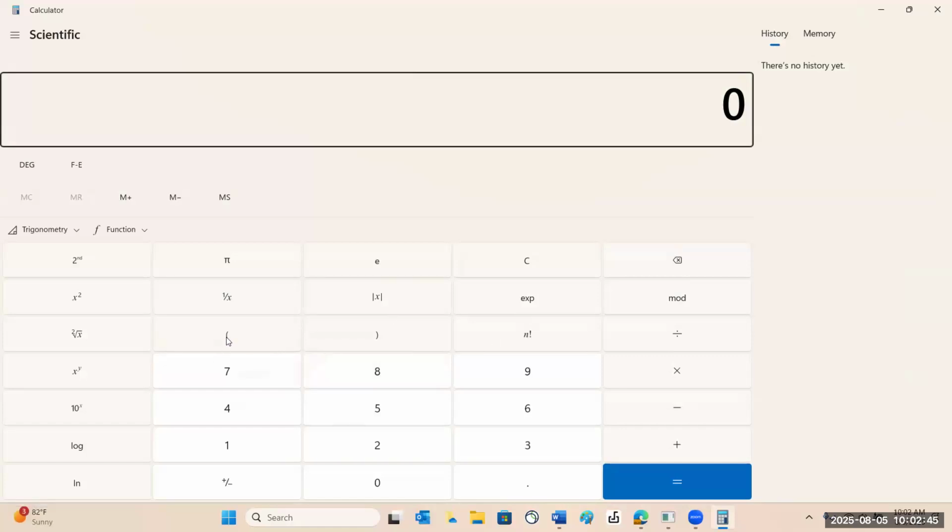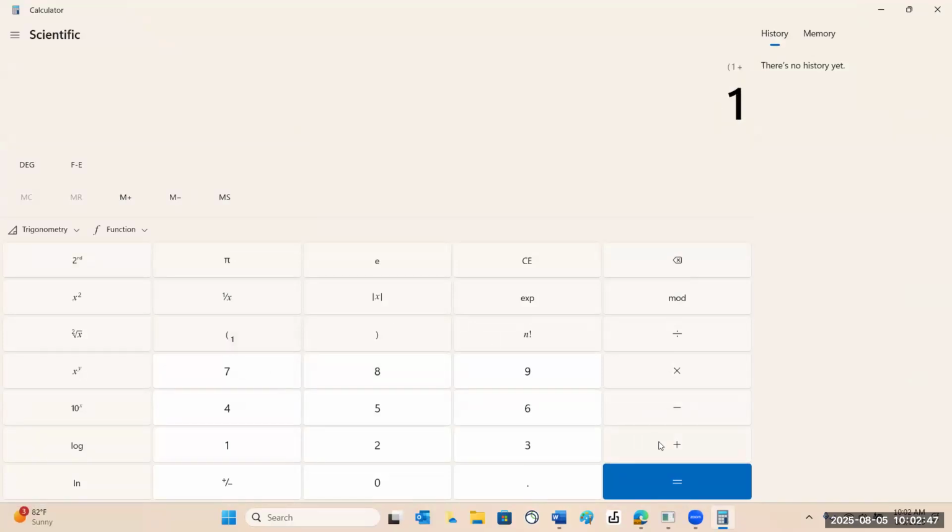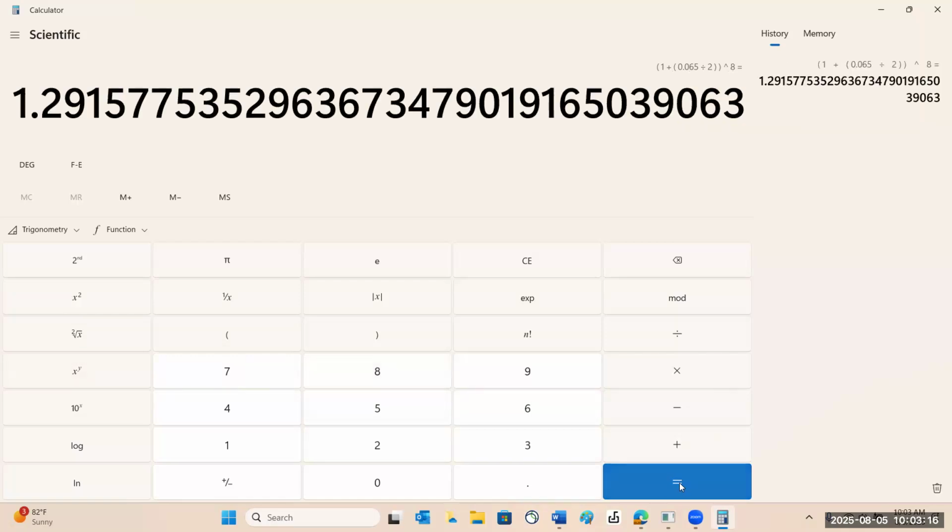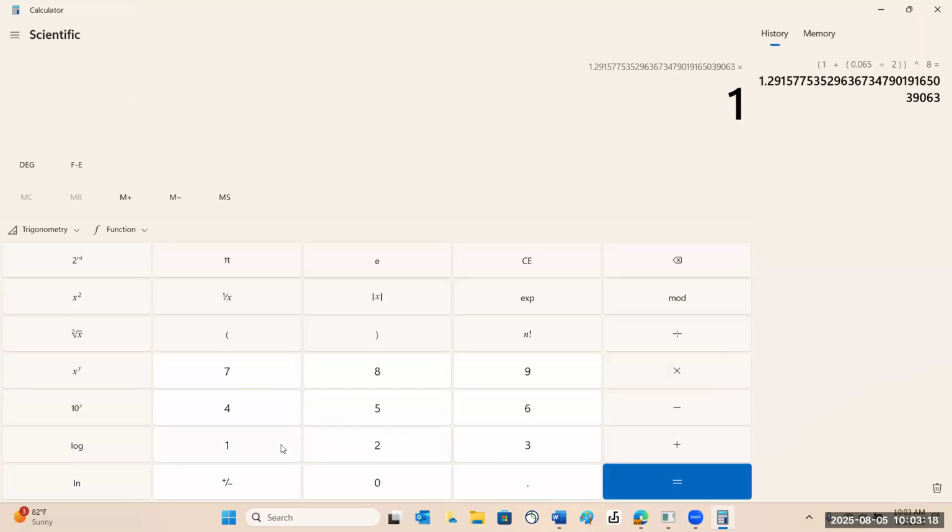So we have parenthesis 1 plus 0.065 divided by 2, all that to the power 8, times $100,000.